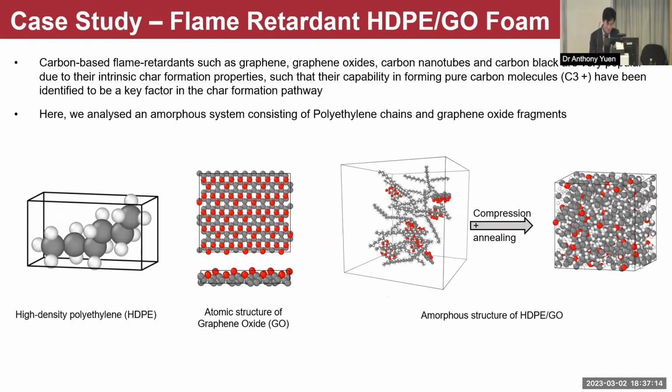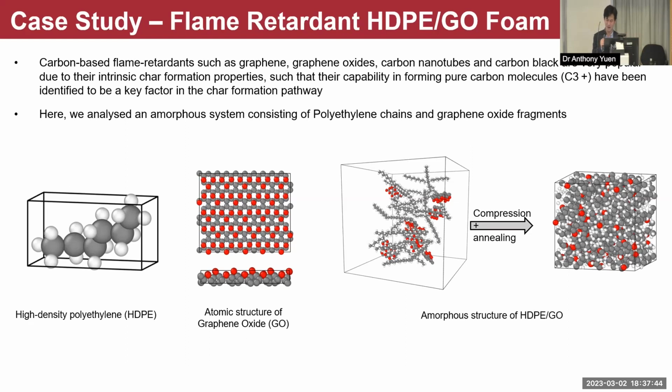Anyway, this is more practical now: how we link the molecular dynamics simulation into our actual fire simulation studies, for example FDS or ANSYS Fluent or whatever. Here I demonstrate a framework in ANSYS Fluent, how we do it. Again, we do a similar process, but this time HDPE with graphene oxide.